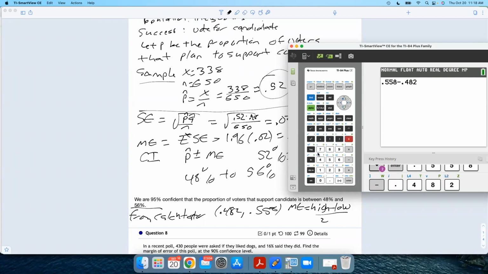Now, if I type this, I'm going to get the wrong answer. I need to do high minus low first, then divide by 2. So I like to just do the top, high minus low, hit enter, then divide by 2. And there's my margin of error.